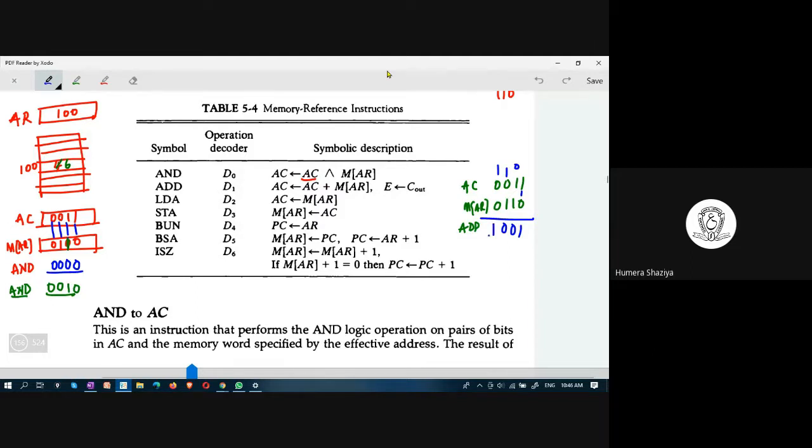Consider now that it is 0, 0, 1, 1 in AC and 1, 1, 1, 0 in M of AR. This gives 1, 0, carry 1, 0, carry 1, 0.